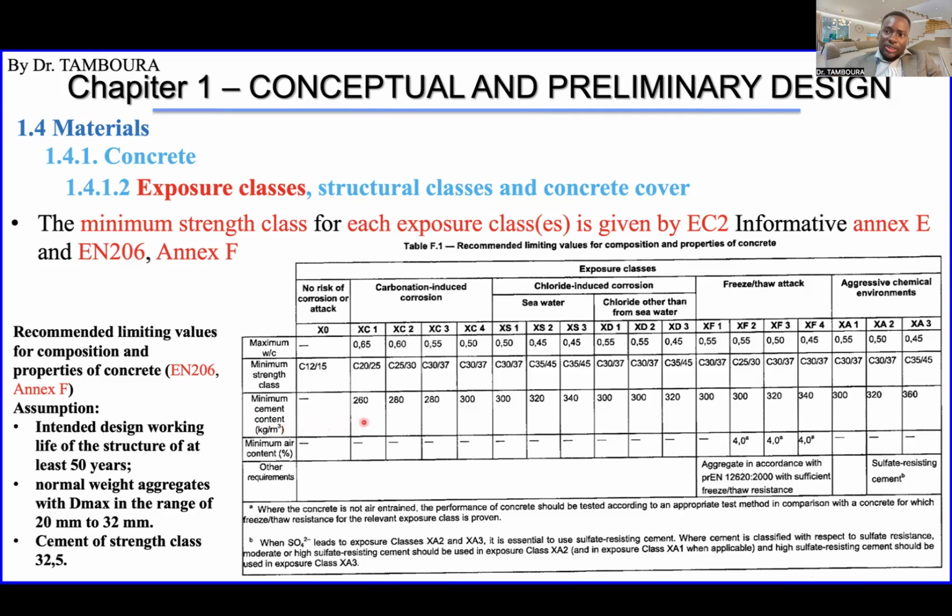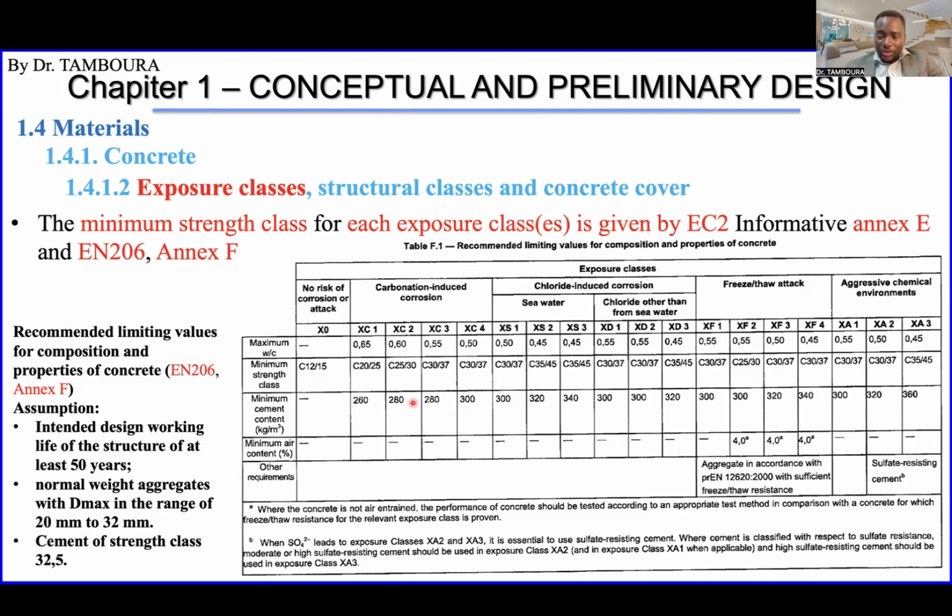Okay. It means in 1 cubic meter of concrete, you should have 260 kilogram of cement for this class. Okay. For this class, XC2, you should have 280 kilogram per cubic meter of concrete.